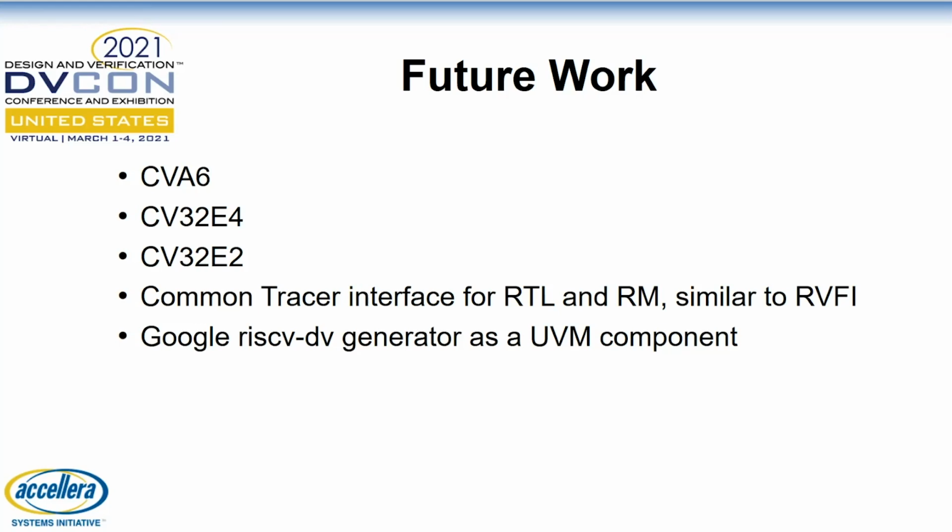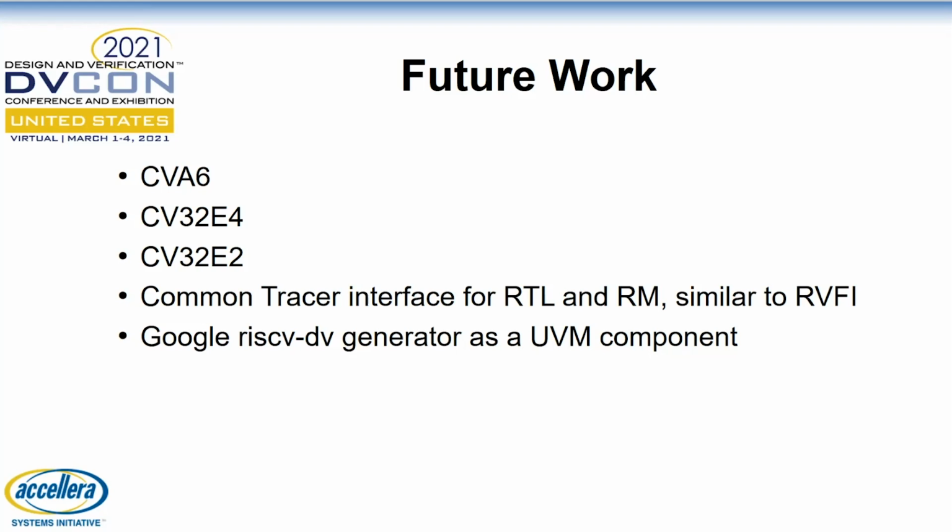And then we're looking at implementing the common tracer interface for the RTL and the reference model, which would greatly simplify the effort required to integrate the core in any step and compare module and in our standard Core V Verif test bench. If you're familiar with RVFI, this method will be very similar.